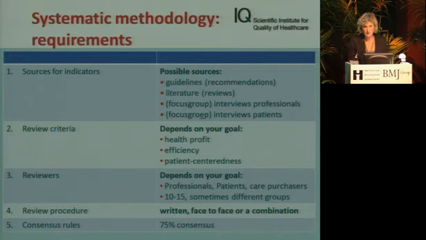Furthermore, review criteria for the expert panel are necessary, and the review criteria depend on your goal. It's possible to use the health profit as a criterion, or efficiency of care, or patient-centeredness.